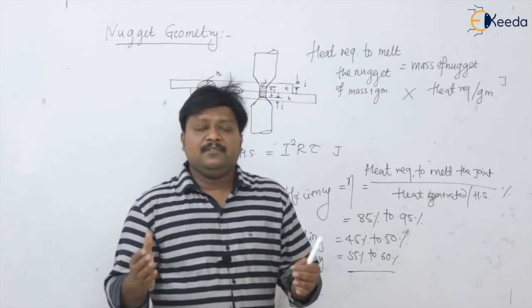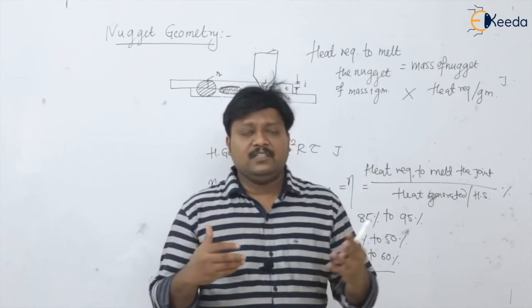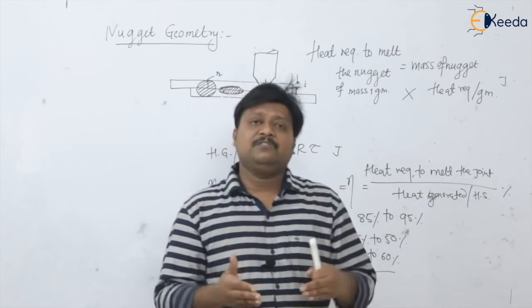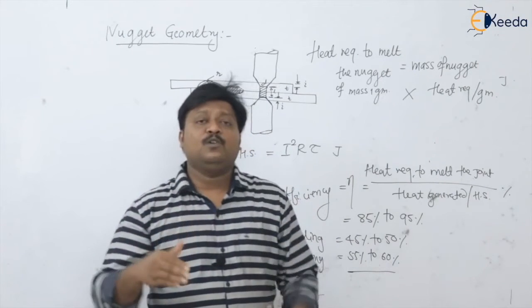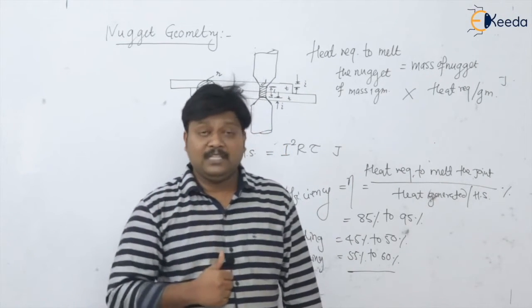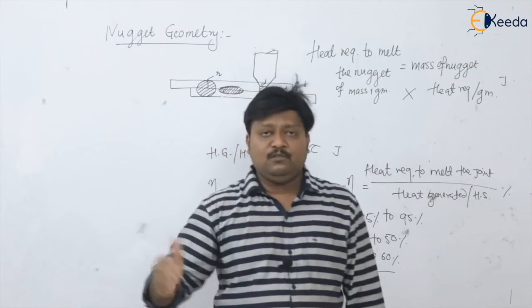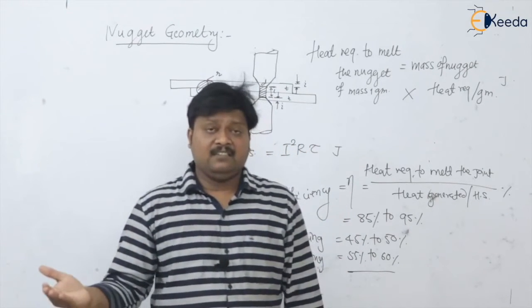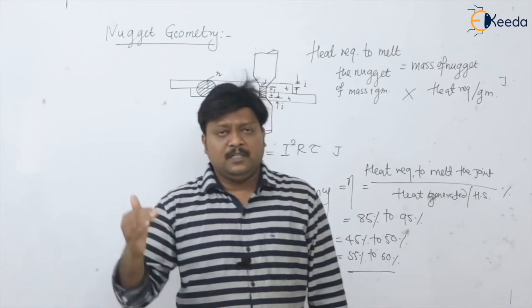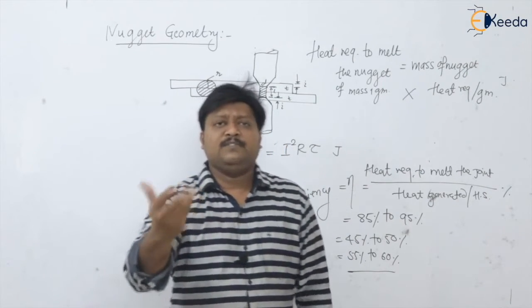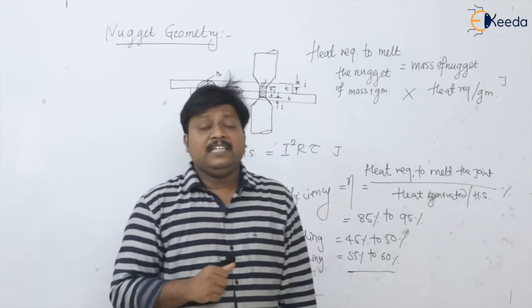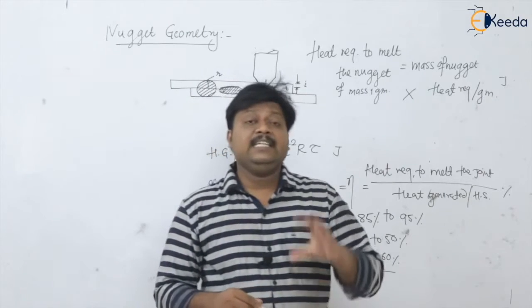Or if the resistivities are different, or different materials are there, then for the least resistivity material we can have the electrode with the higher resistivity, say we are using copper for that. And for the other electrode, which has the higher resistivity, we can go for the low resistivity electrode, say for example copper. So like that we are going to get the balancing.